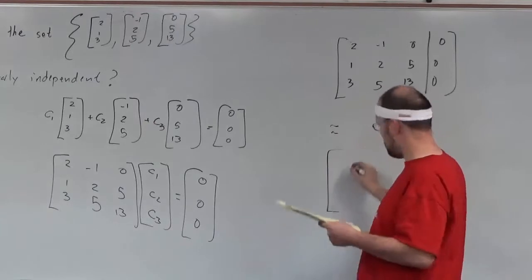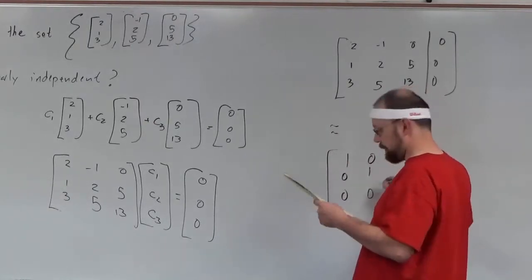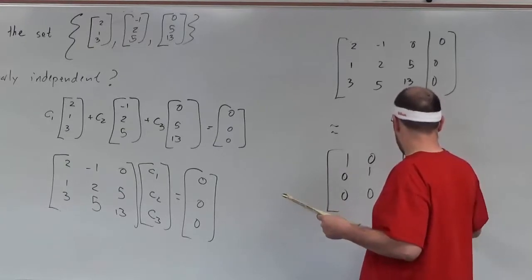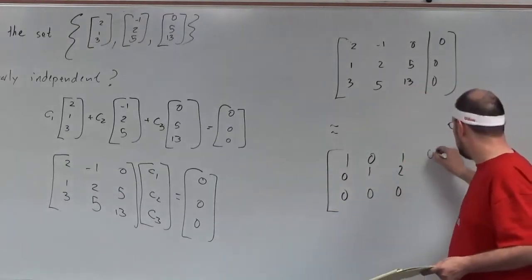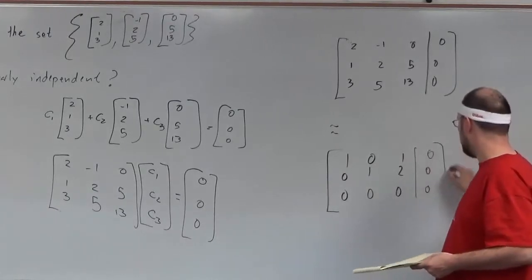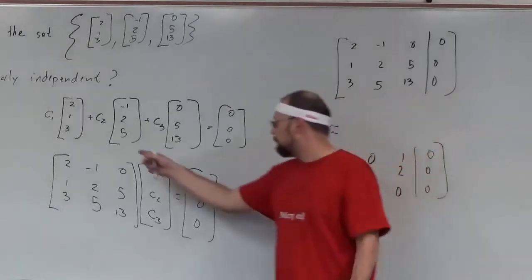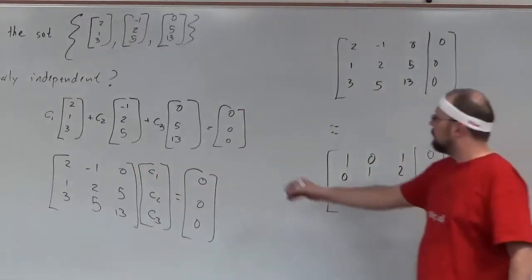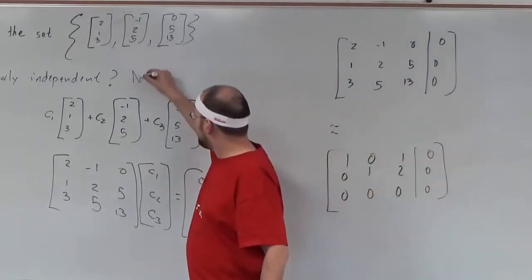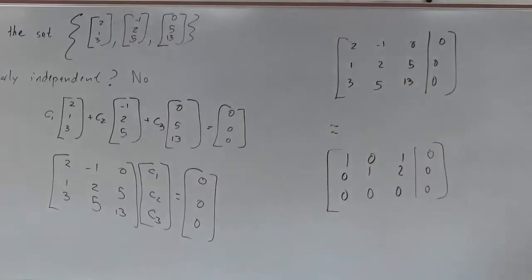I get 1, 0, 0, 0, 1, 0, 1, 2, 0, right? So this tells me we have infinitely many solutions for C1, C2, and C3. Among those infinitely many, we have solutions where some of the coefficients are not 0. Therefore, the answer here is no. This is not a linearly independent set of vectors. It's a dependent set of vectors.